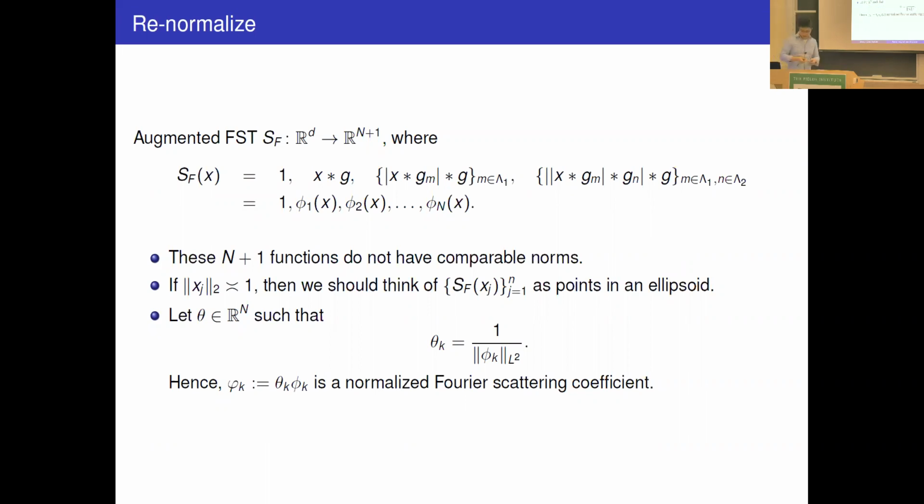So if all the X's have norm approximately 1, then you should think of these as being on an ellipsoid. And that's where I think the decay of energy estimates comes into controlling the generalization error.